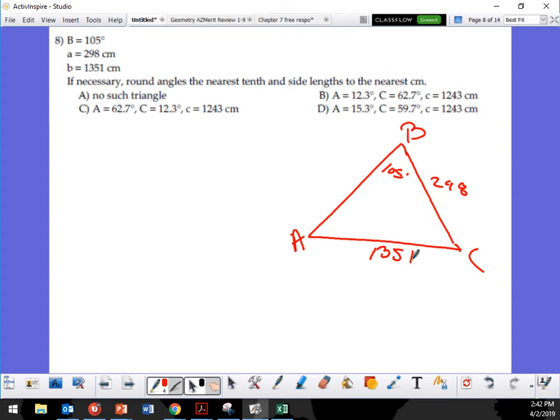So, what do we have here? Angle, side, side. Angle, side, side. It is ambiguous, so we have to check it. So, let's go ahead and do the math.